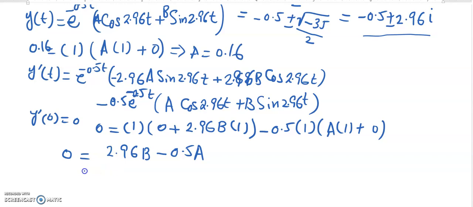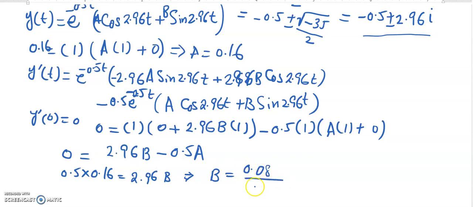So from here, 0.5 times 0.16 is equal to 2.96 b. So we can find the value of b is equal to 0.08 divided by 2.96, which is approximately 0.027.